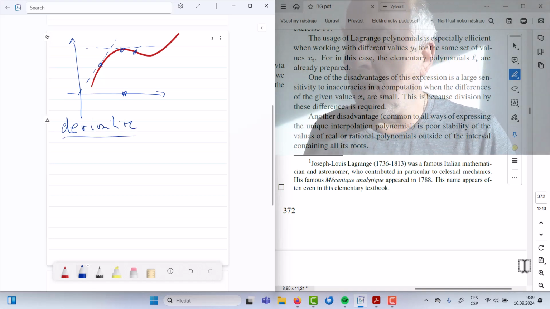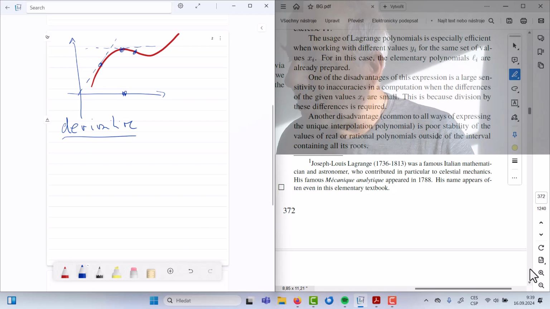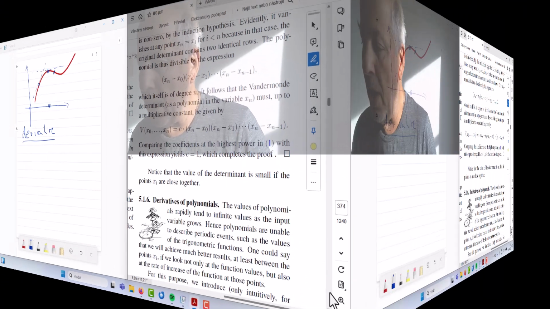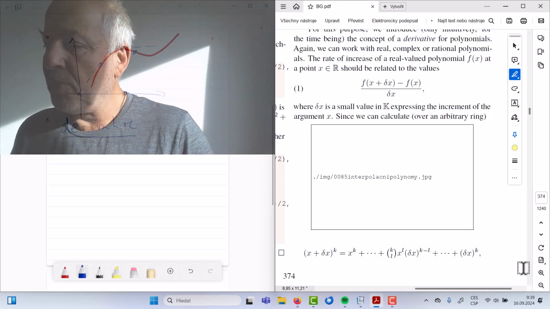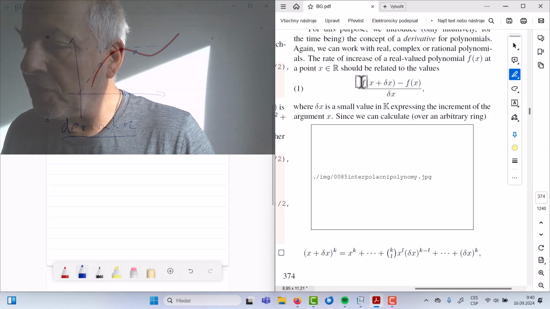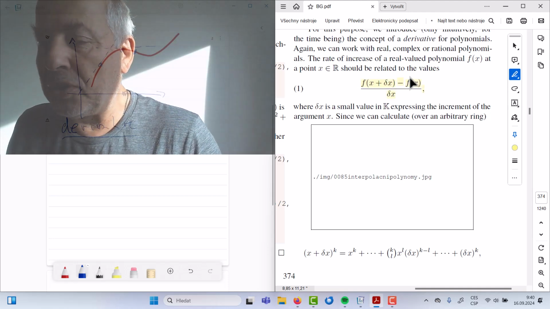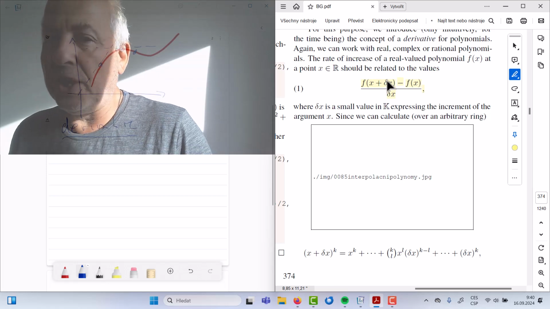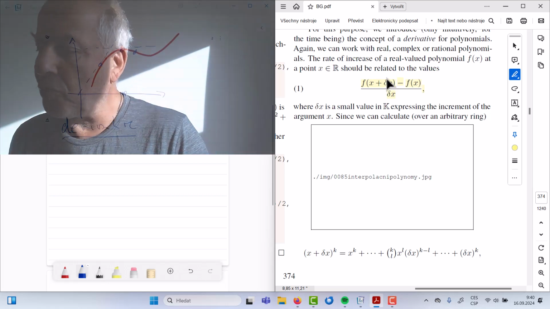And for polynomials it's very easy, because you can simply expect that the change should be of this kind. So you look at the difference at two very nearby points, and you divide by the magnitude of the change of your variable.